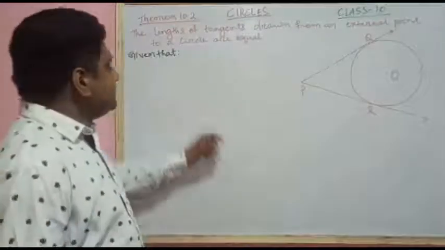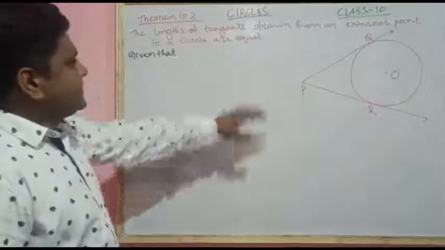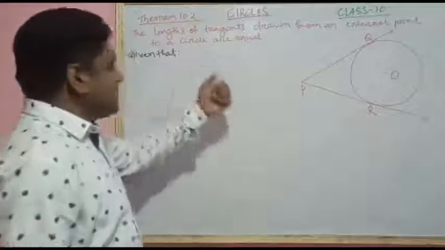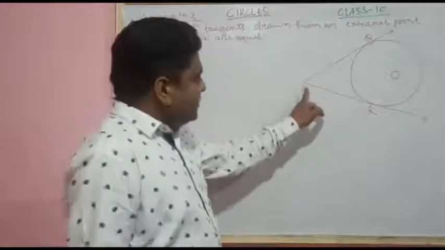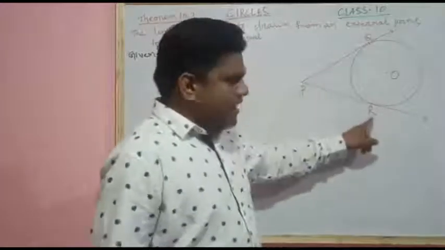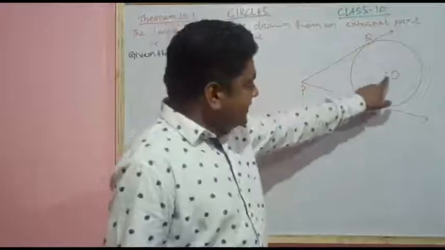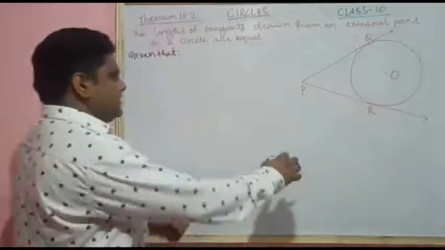Theorem 10.2: the lengths of tangents drawn from an external point to a circle are equal. So PQ and PR are the tangents to a circle with center O. Let's write this.